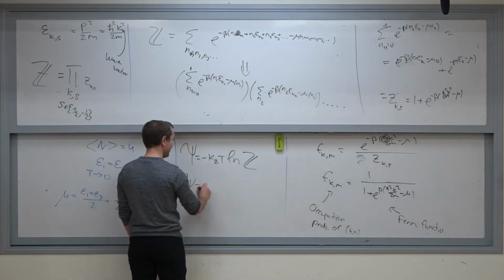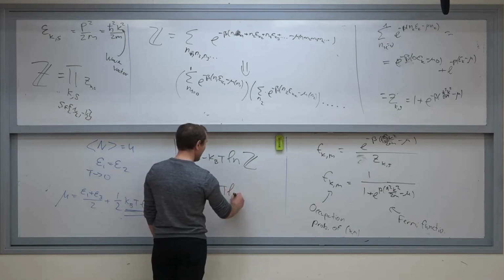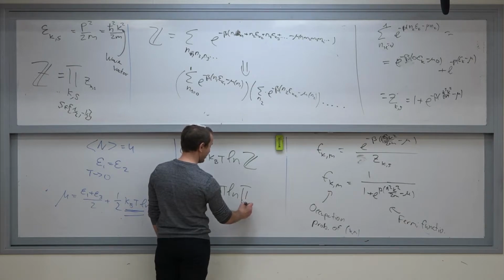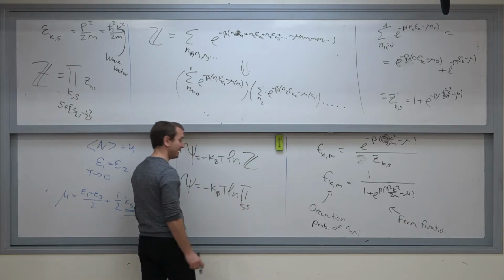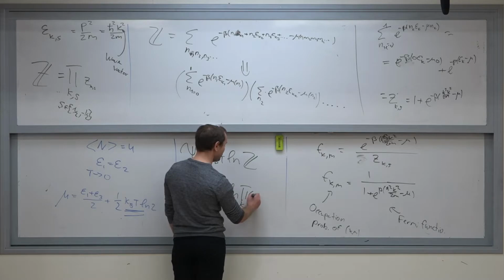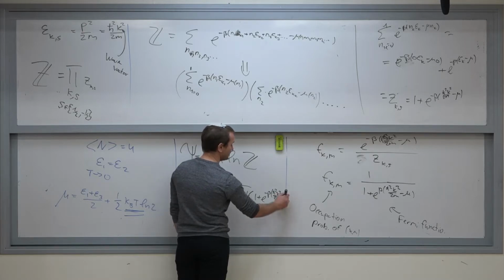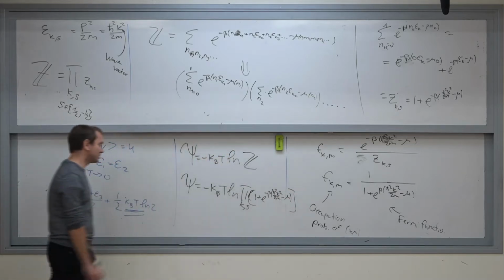So psi equals minus k Boltzmann T log of the product over k and s of z_ks. Now our z_ks equals 1 plus e to the power minus beta, h bar squared k squared divided by 2m minus mu. This is the grand canonical potential.